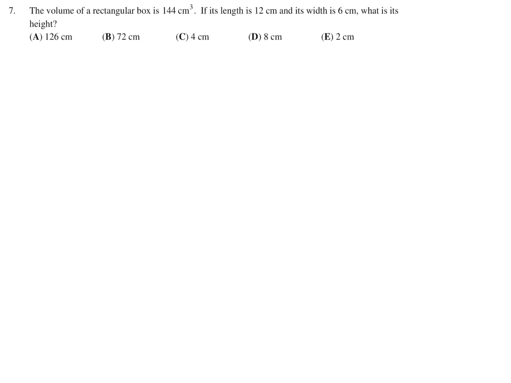The volume of a rectangular box is 144 centimeters cubed. If its length is 12 centimeters and its width is 6, what is its height? So the volume of any rectangular box is length times width times height.